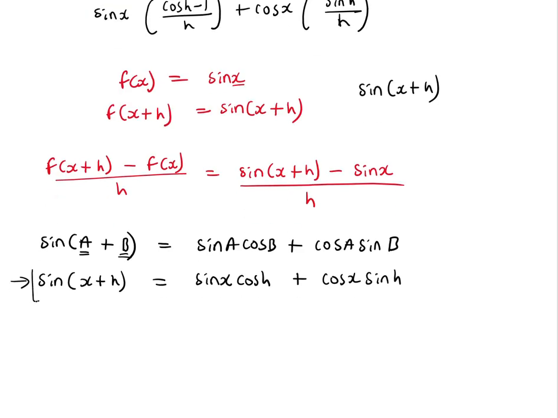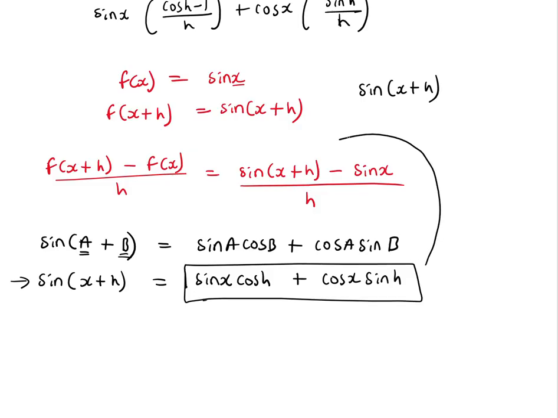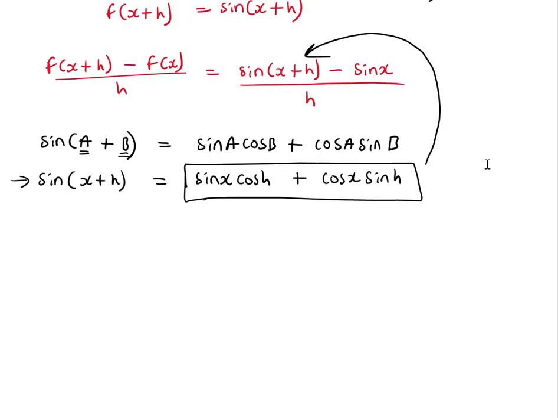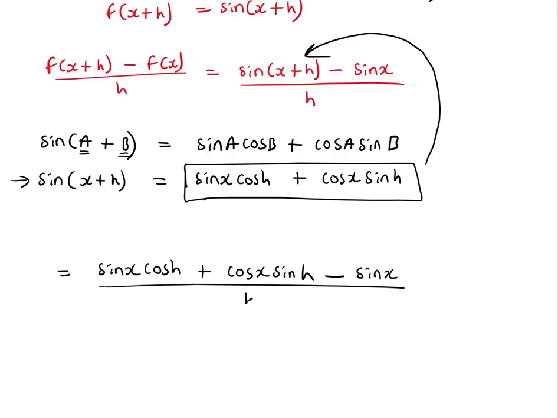I'm going to take this part here, which is sine x plus h, and put it here. So if we do that, I'm going to have sine x cos h plus cos x sine h minus sine x, and everything is being divided by h.